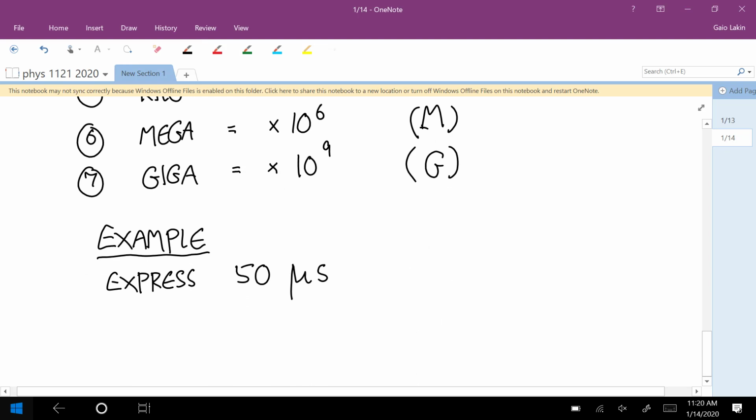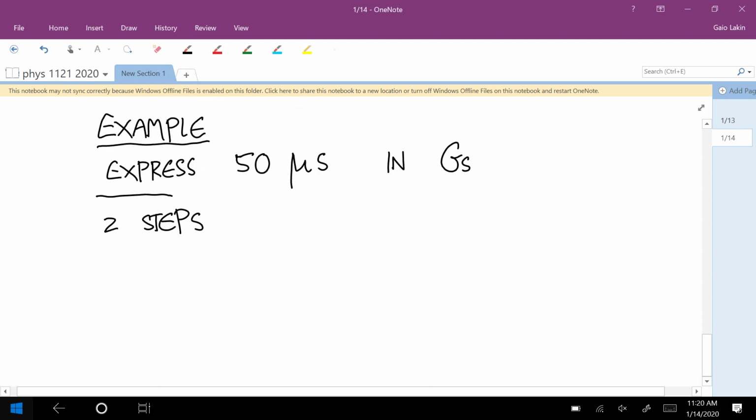Okay, so say we want to express 50 microseconds in units of gigaseconds. I don't think I've ever seen that unit, but it's a thing. Okay, so how would you do this? Well, there's 2 steps. First, we want to get rid of the prefix micro, the mu, and then we want to add the unit giga.